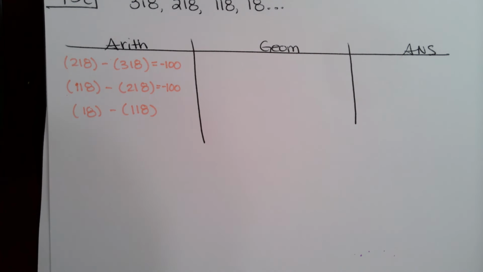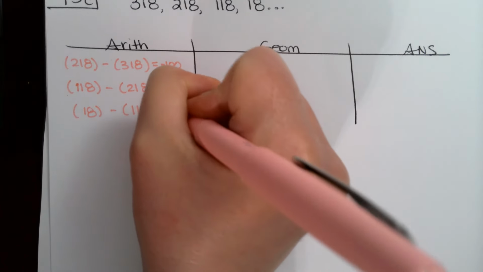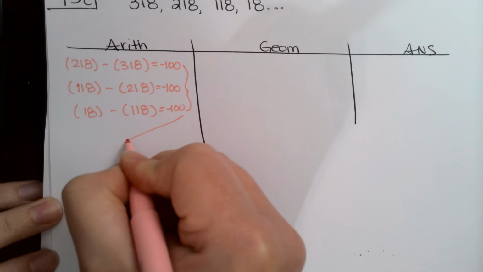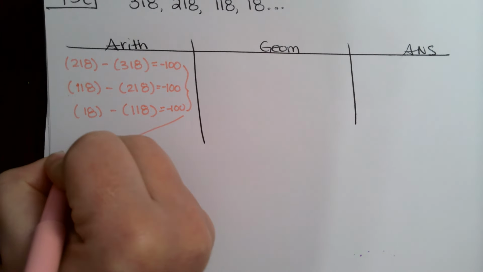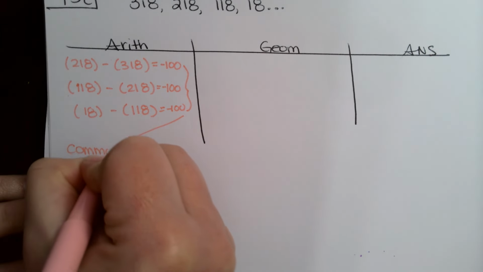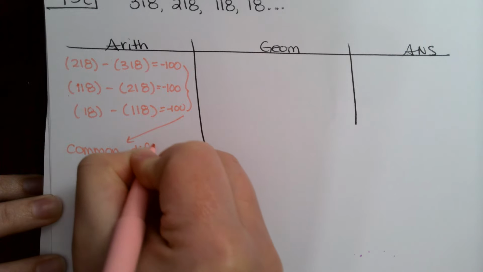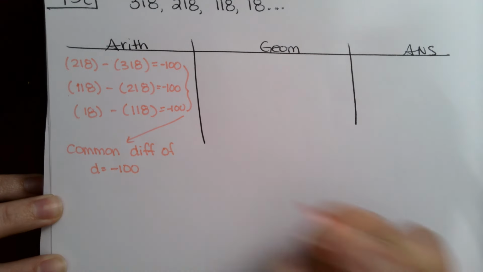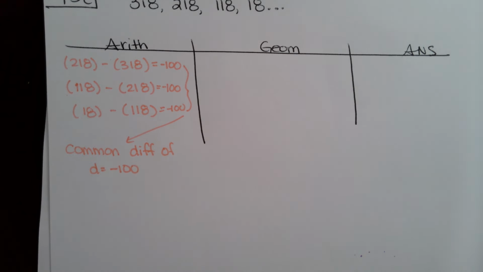And 18 minus 118, that gives me a negative 100. Which means that we have a common difference of negative 100.